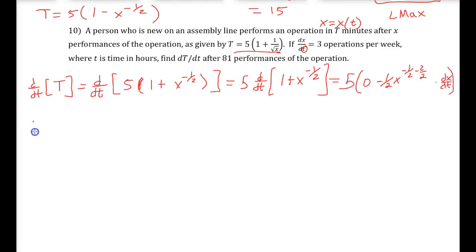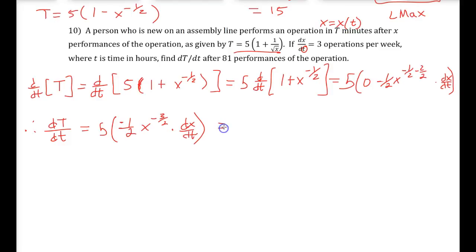So now what this means here is that d of big T over d of little t is equal to 5 times, and this will be a negative, forgot about the 1/2 there. So negative 1/2 x raised to the negative 3/2 times dx over dt.